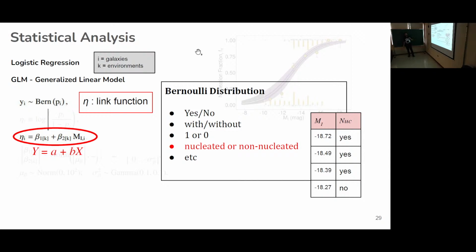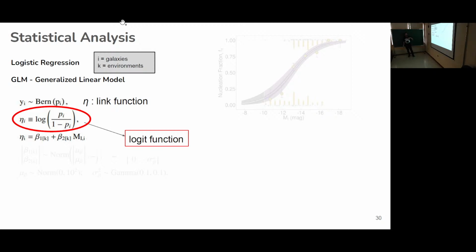Then what we want in the end is to have the model in this form right here, something similar to the equation of a line, a plus bx. In statistical jargon, it's called beta 1 plus beta 2 times the descriptive variable, which in our case is the magnitude in the I band. We do this by using something called a link function, generally denoted as eta, which depends on the distribution that you are working with.